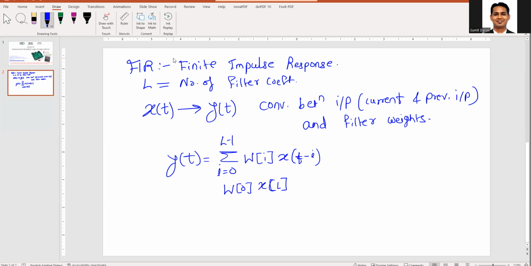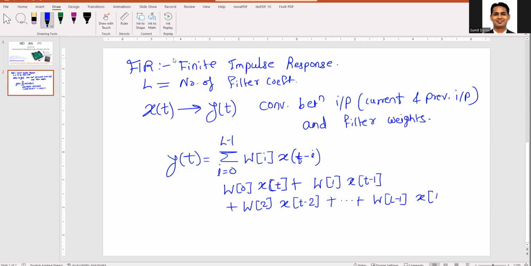It indicates that you are going to multiply W of 0 with the current input, plus W of 1 with the previous input which was received in the previous clock cycle or time slot, plus W of 2 with the input you received before that, x of t minus 2, and so on, up to W of L minus 1 into x of t minus L plus 1.